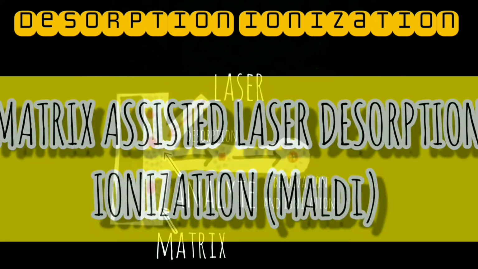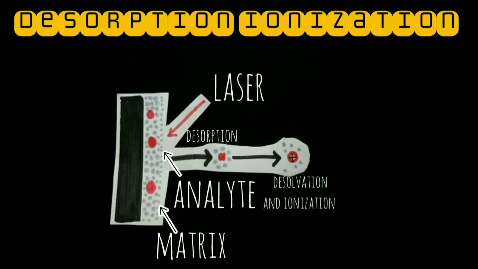So in MALDI, analytes are placed in a light absorbing solid matrix. A matrix is used to protect the analytes from being destroyed by the direct laser beam. The solid matrix strongly absorbs the laser radiation and acts as a receptacle for energy deposition.